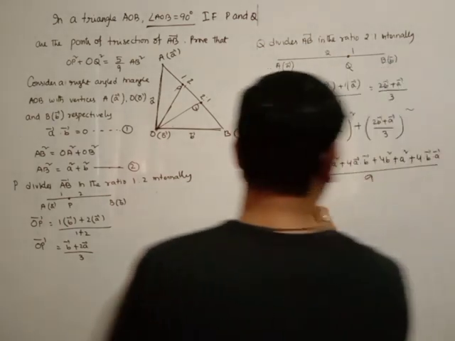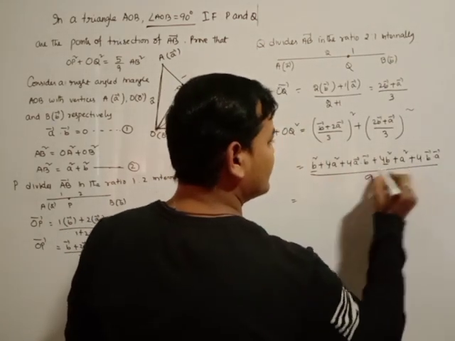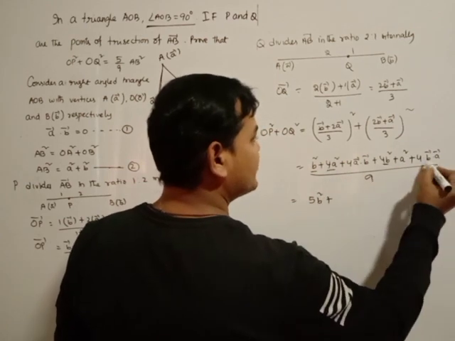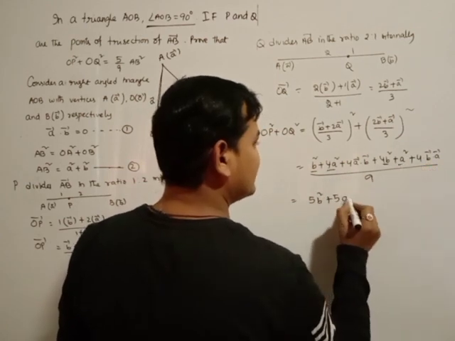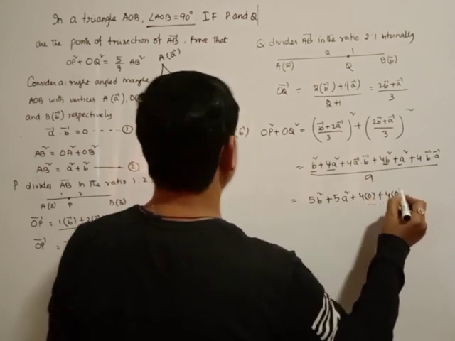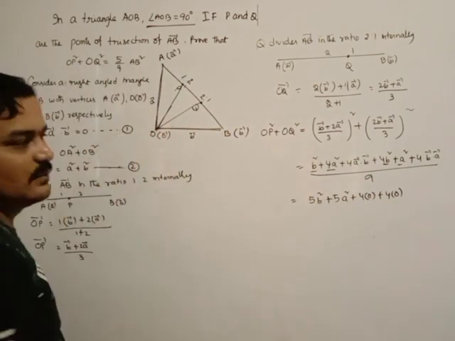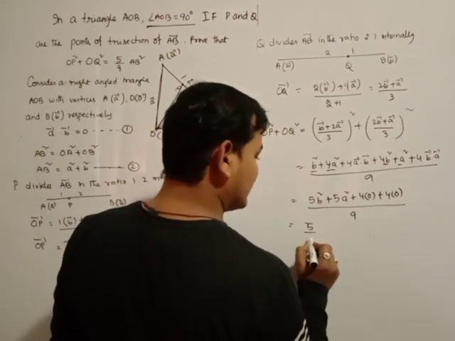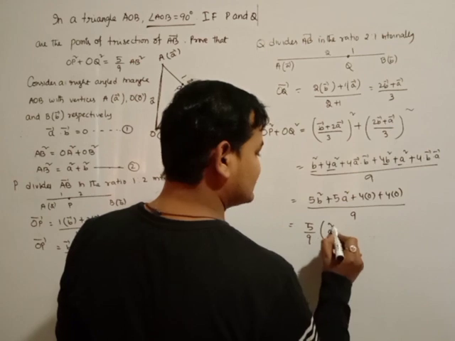So finally we get 5B square plus 5A square, plus 4 into 0 and again 4 into 0, since by equation 1, all by 9. So in this, taking 5 by 9 common, it is A square plus B square.